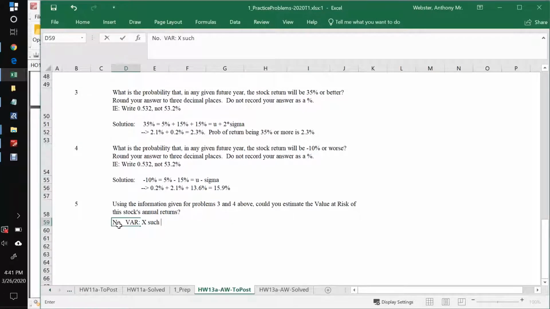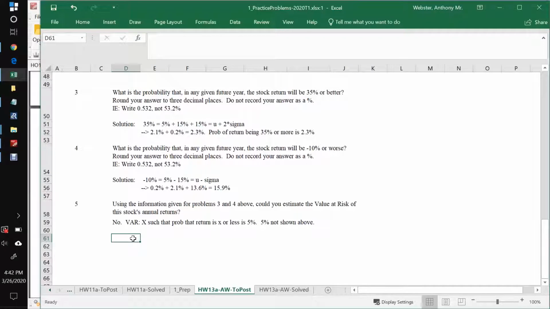And I'll just write this down again. VAR is X such that probability that return is X or less is 5%, 5% not shown above. Okay, and we just can't do it with the information that we have.